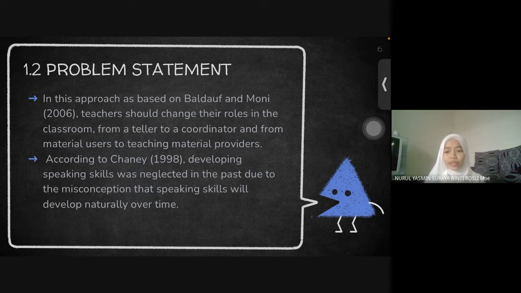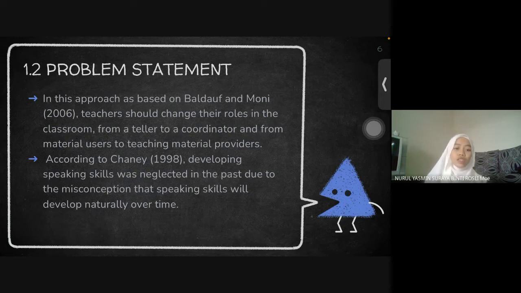So, relating this to the teaching of speaking, students perceive that learning to speak using the language was hard because the process of learning was presented in an old method. All right. So, in other words, the teachers use the traditional approach to teach speaking and focus more on the teaching of grammar and vocabulary instead of teaching the use of the language itself in terms of speaking.